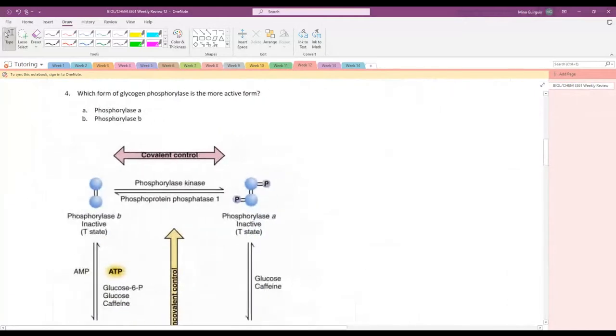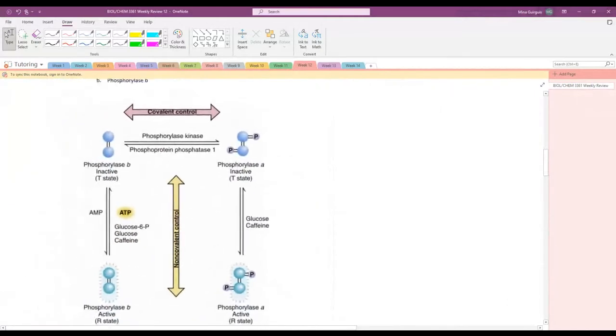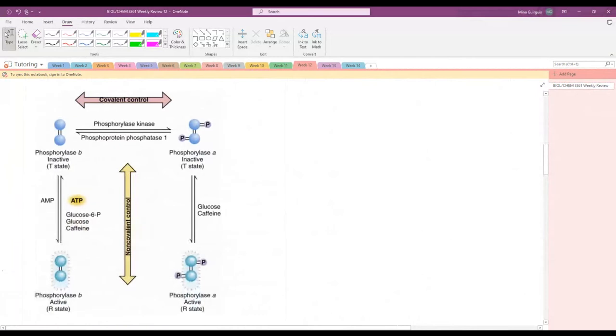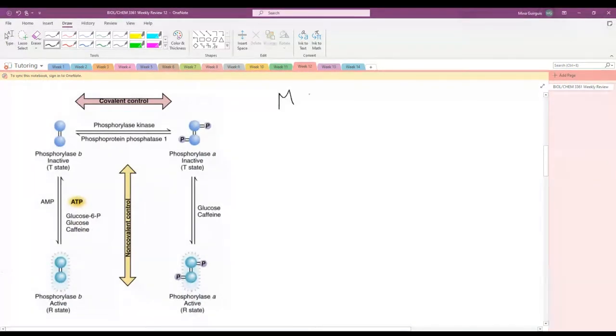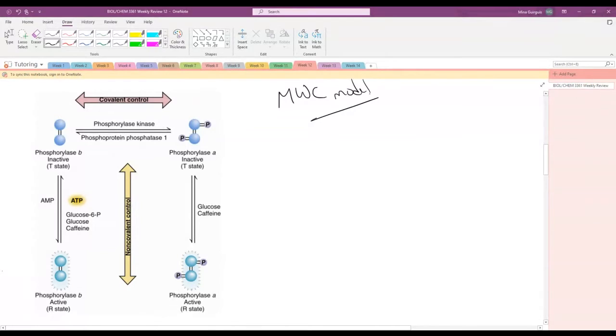All right, so I'm going to start off by saying we're looking at the MWC model. With the MWC model, remember, just a quick recap, you have the tense state and the relaxed state, and they're in equilibrium with one another.